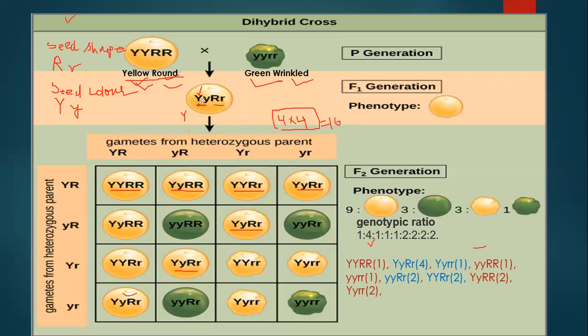Now we also have to check how many gametes we have to form from this. For that, the formula is 2 to the power of n for the different types of gametes which have to be formed.